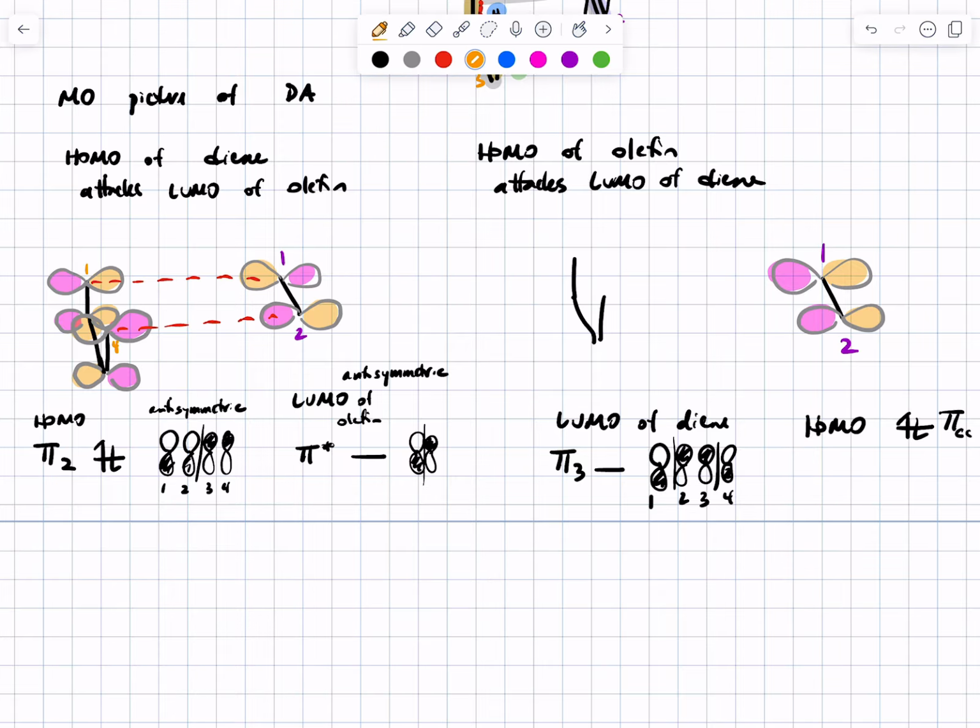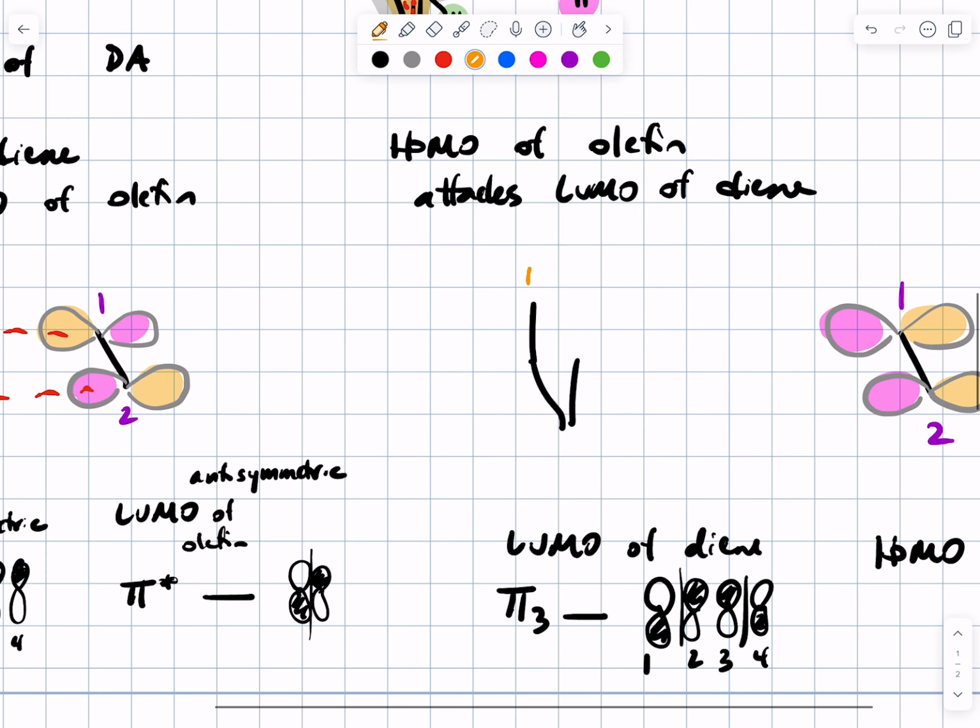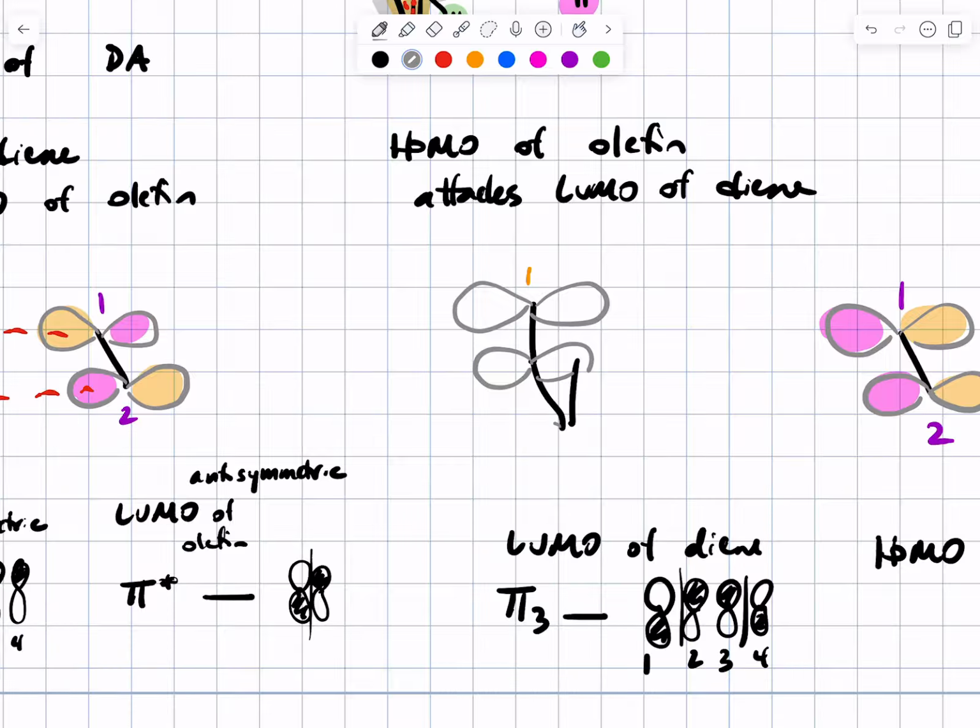And like the carbon-carbon pi bond of the olefin, the wave function sign on carbons 1 and 4 of the diene is identical. So if we were to draw this from the side, again, it's really hard to do, but we'll do the best that we can. The wave function sign on carbons 1 and 4, orange 1 and orange 4, are going to be identical to each other.